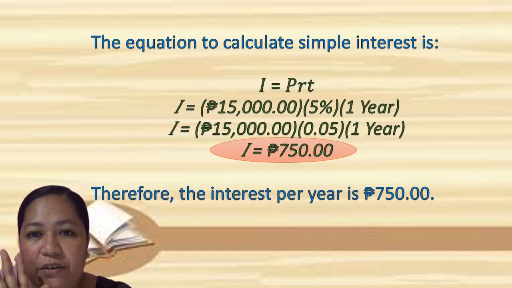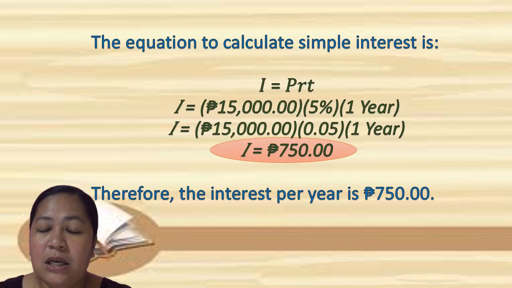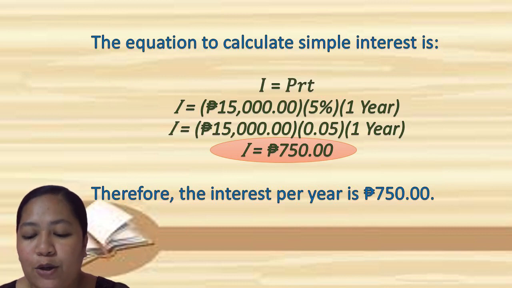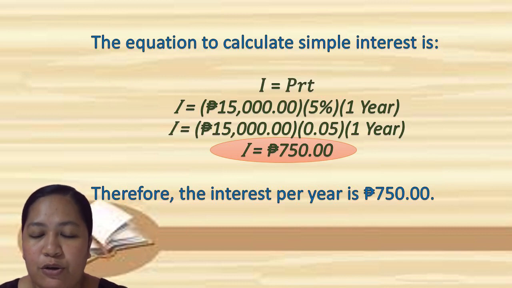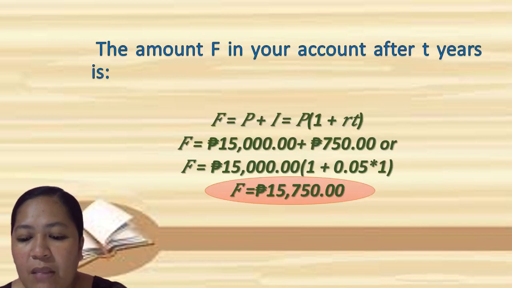Again, we multiply the 15,000, which is the principal amount, by 0.05, that is the 5% rate, and then 1 year is the time for the particular interest calculation. So 750 pesos is the interest every year. Meaning on her first year, that would be 750, second year 750, third year 750, fourth year 750.